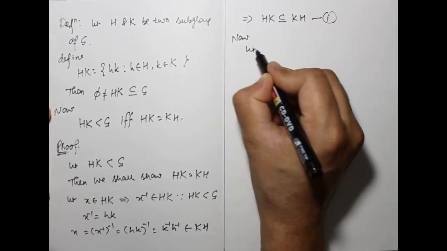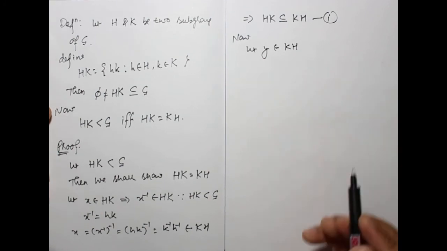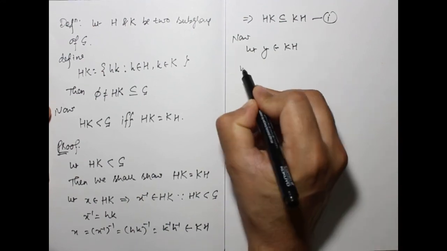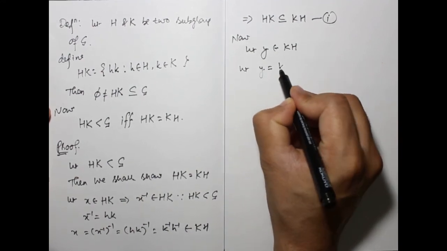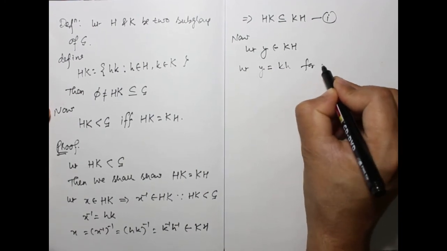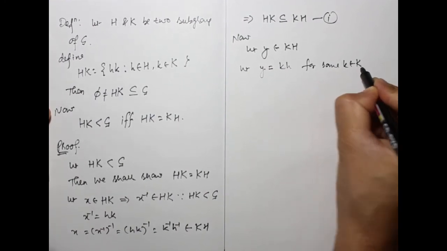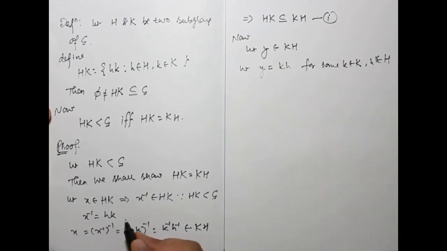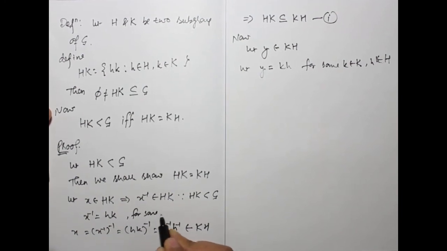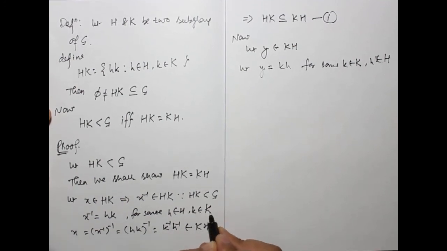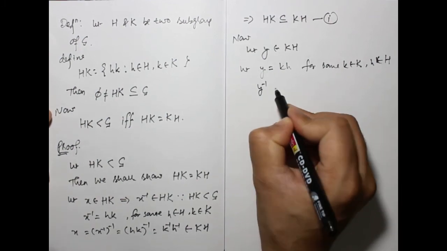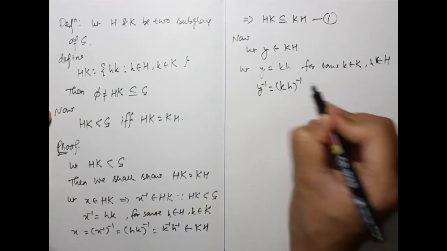Now let y belong to KH. Now we have to show y belongs to HK. Let y equal kh for some k belongs to K and h belongs to H. So y inverse can be written as the whole inverse of kh.